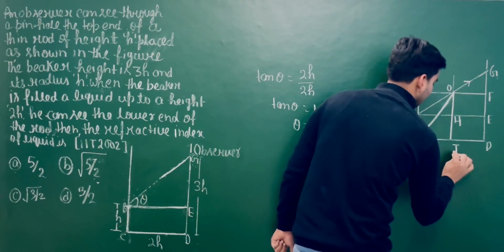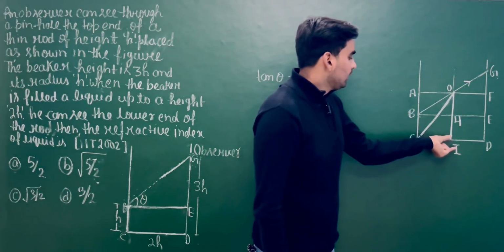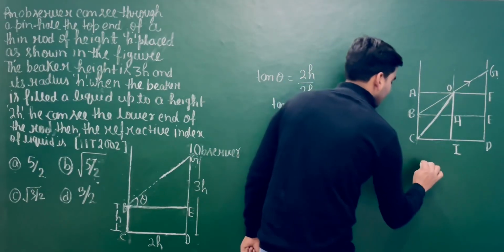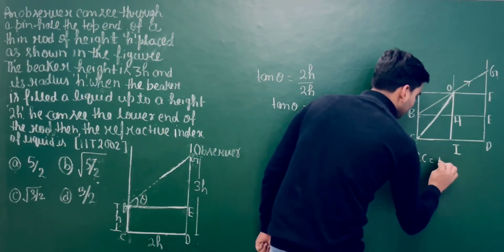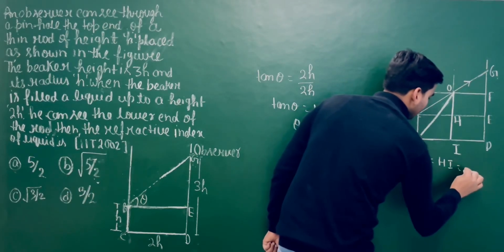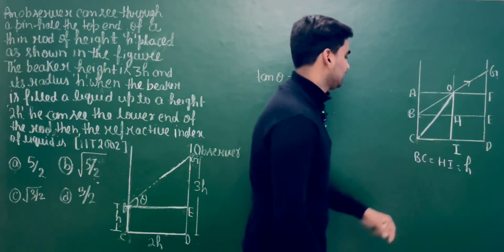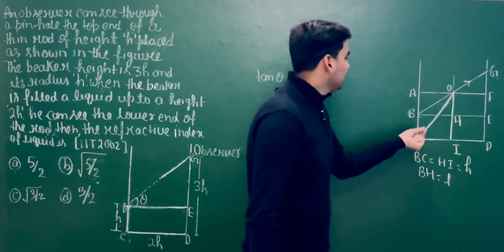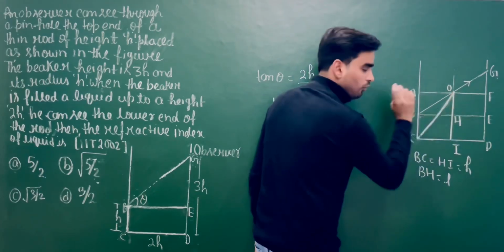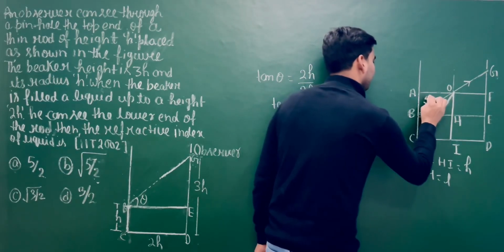This BC equals HI equals h. Suppose BH equals L, and in this triangle BHO, this angle is 45.